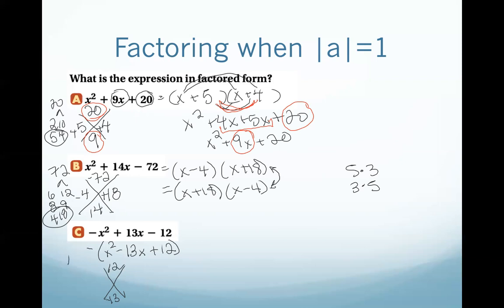So we're still looking at factors of 12 that add up to 13. It's 1 and 12. So 1 and 12 add up to 13, but we need it to be a negative 13. So those are both going to be negative. So we have our negative. Don't forget that leading negative. And then we have our two factors. We have an x minus 1 and an x minus 12.